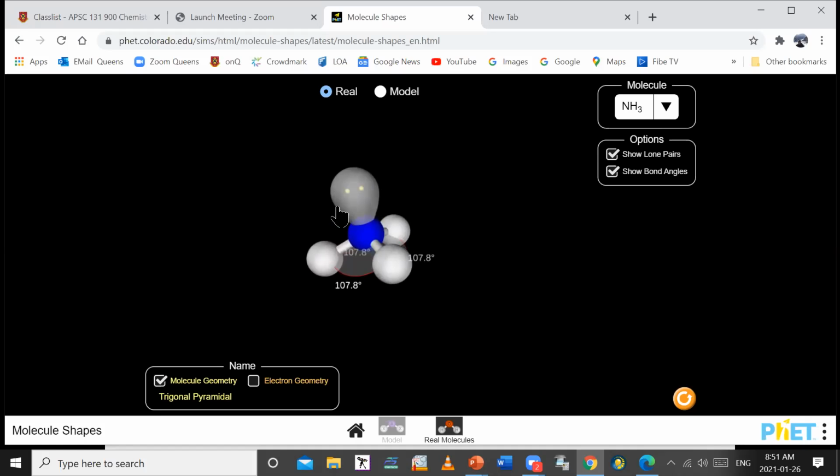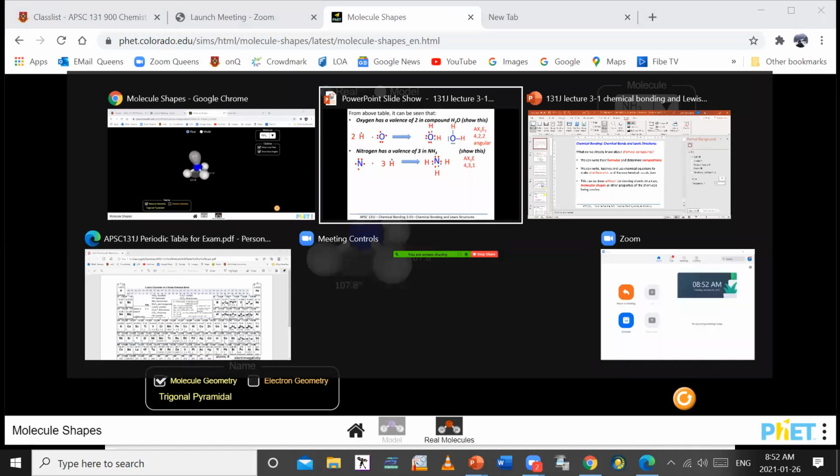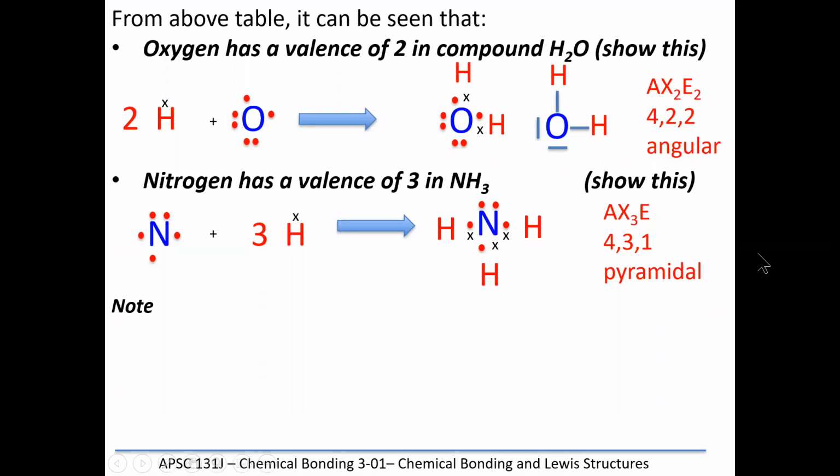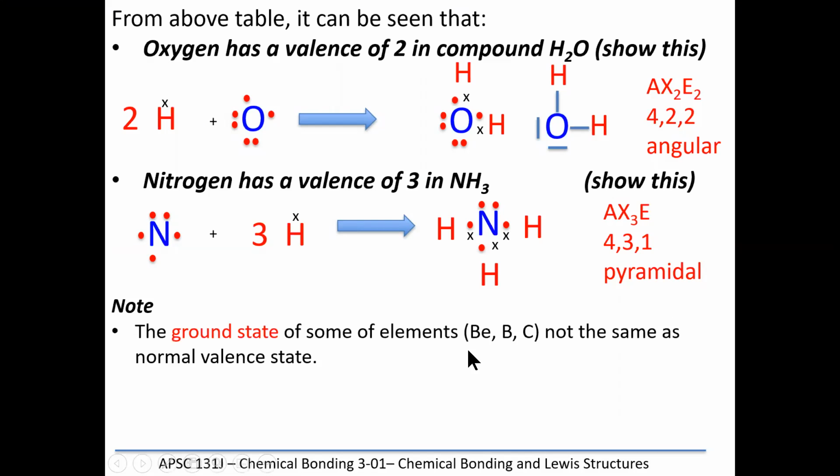If I didn't have an unshared pair, it would simply be trigonal planar. They'd all be in the same plane. But this unshared pair of electrons repulses the other electron clouds representing the bonds formed between the nitrogen and the hydrogen atoms. And the shape of that molecule is a pyramid.